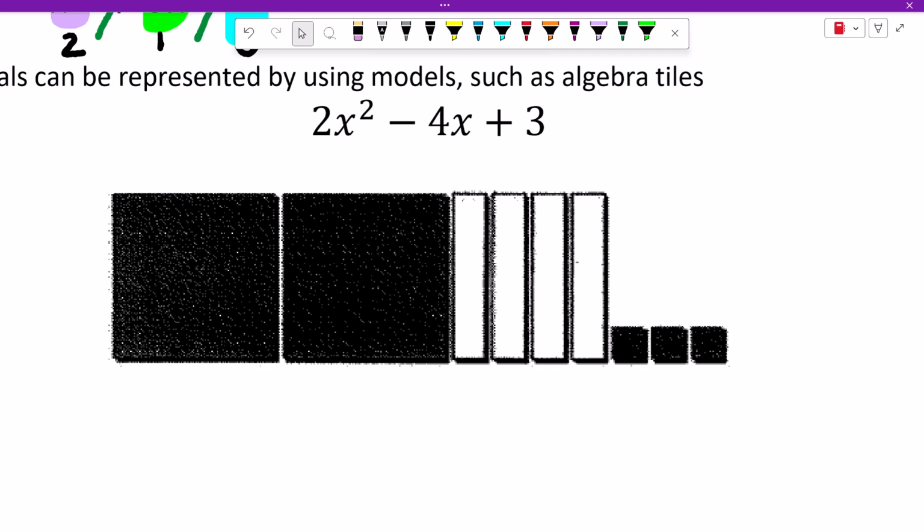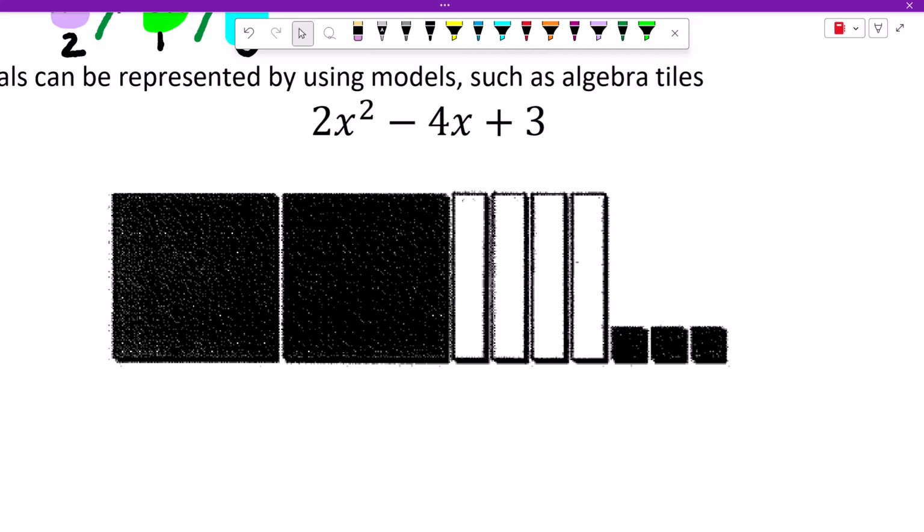If I say this expression is this set of symbols here, can you tell me what each one of these symbols means? We have big squares, rectangles, and small squares. What do the squares and the rectangles mean?